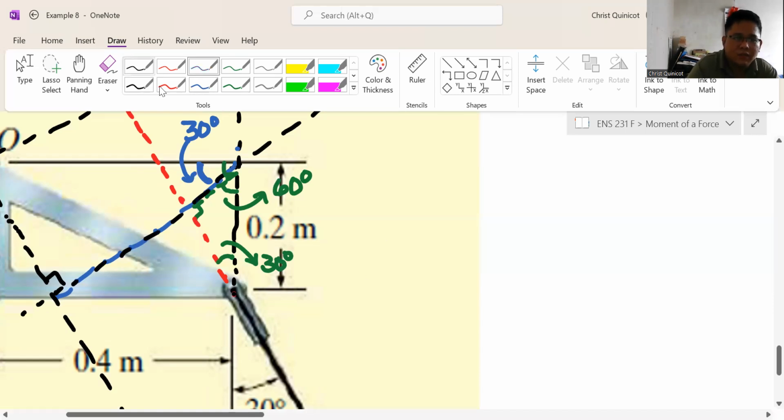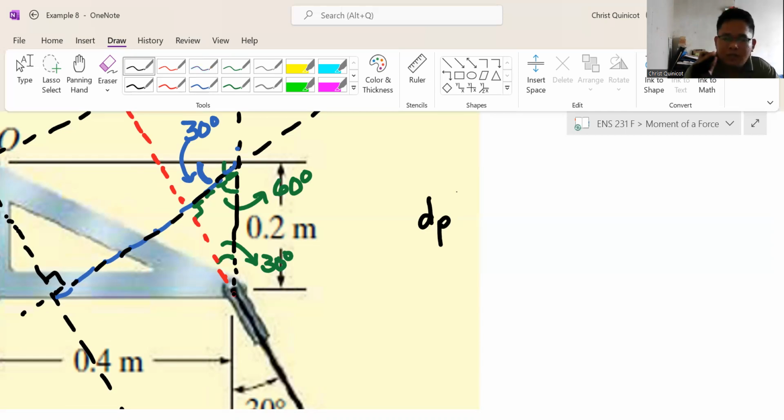So to calculate the perpendicular distance of F to O, we need to subtract the green line from the blue line: D blue minus D green, the small length opposite the 30 degrees in our smaller triangle.